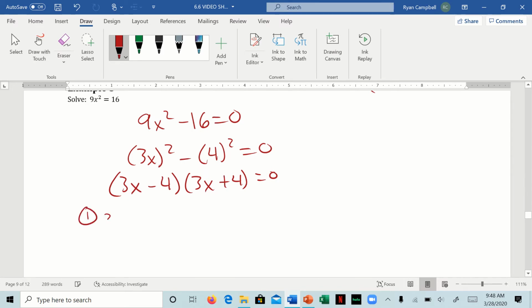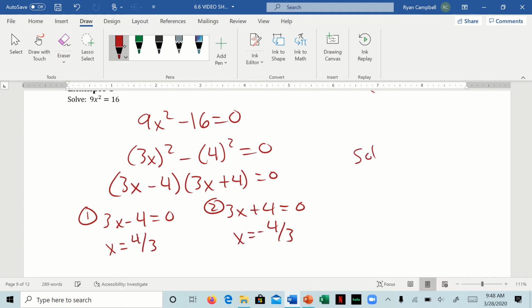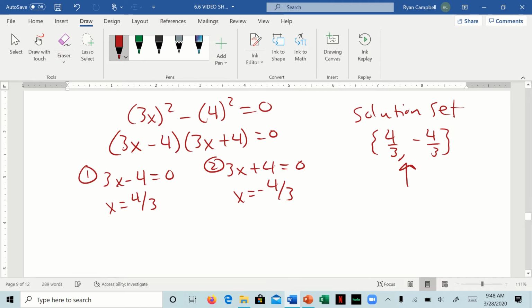So step 3, set them both equal to 0. Step 4, solve. So in the first case, we see that x is positive 3/4. Second case, it's negative 3/4. So our solution set is going to be positive 3/4, negative 4/3. Another way to write this, since the only difference is positive and negative, you could also write it as plus or minus 4/3. Either one of those solutions is okay.